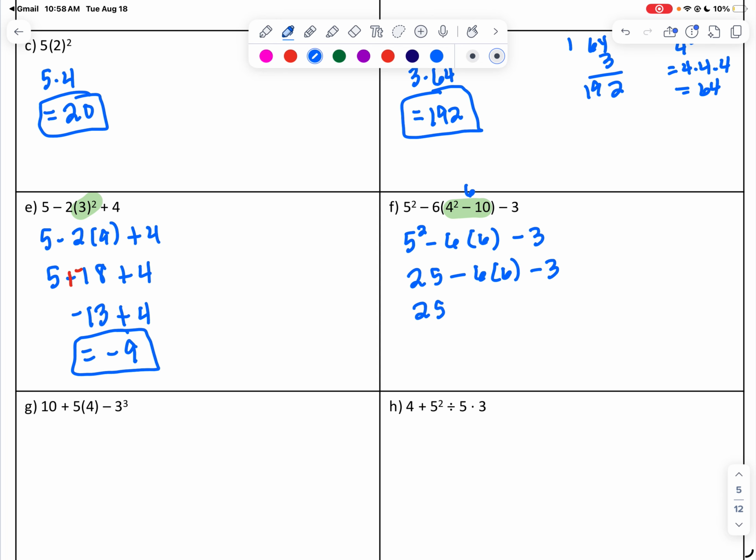Now we'll multiply: 25 minus 36 minus 3. Now we're going to subtract from left to right. So I'm going to rewrite this as addition of the opposite. So we're saying 25 plus negative 36. That would give me negative 11 plus negative 3. Same signs we add to get negative 14.